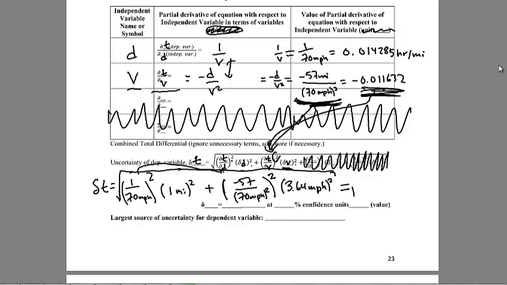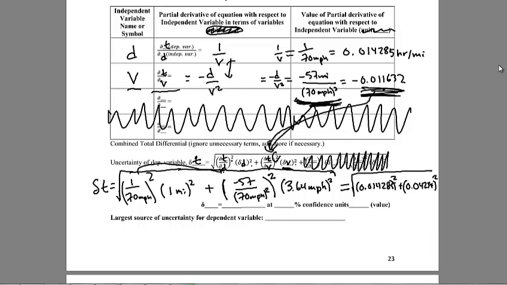So then I can write all this out after plugging stuff into my calculator as 0.01428 squared plus 0 squared plus 0.04234 squared.